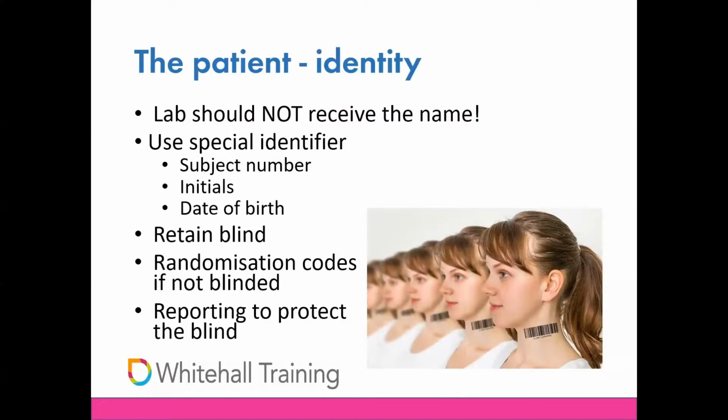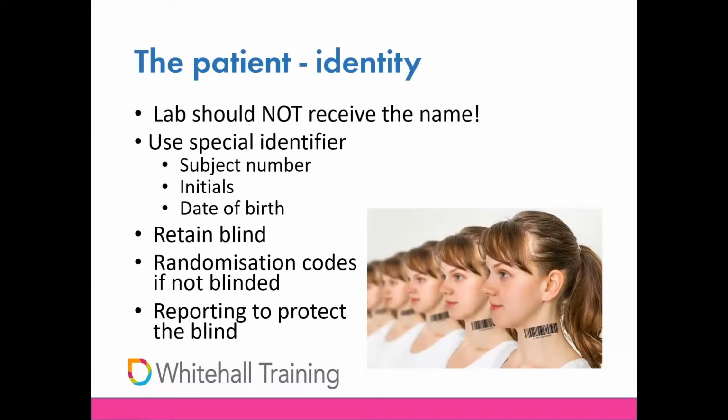Now, obviously, we're all human, mistakes can be made, and occasionally samples may come through with information on them that could identify the subject. So what do you do then? Well, there needs to be a process in place in the lab that defines how you deal with samples and requisition forms that contain information that compromises the subject's right to privacy.